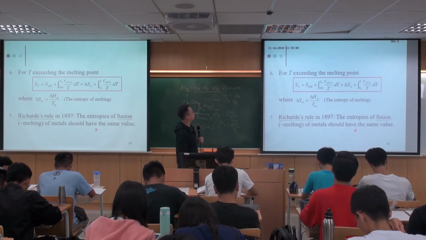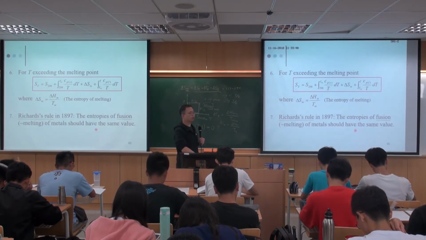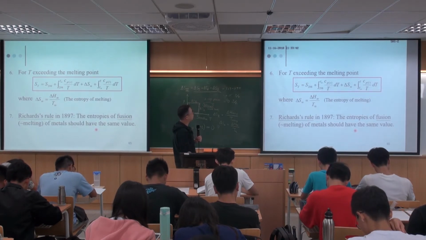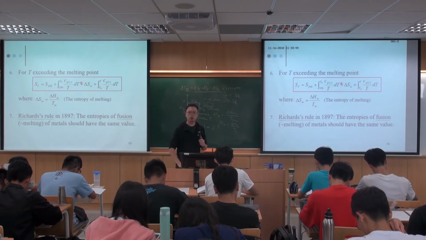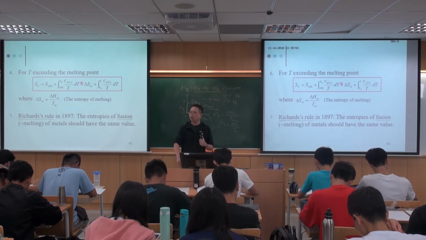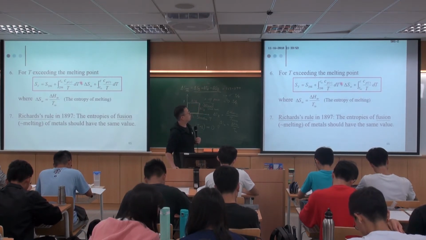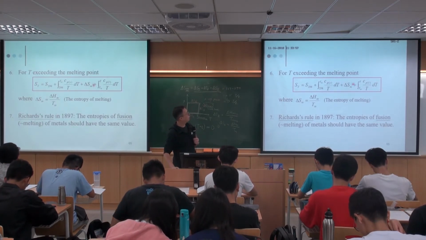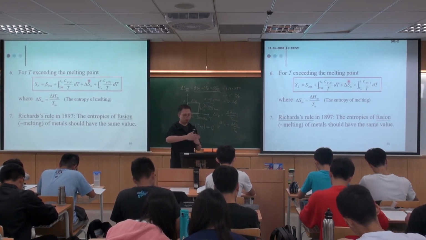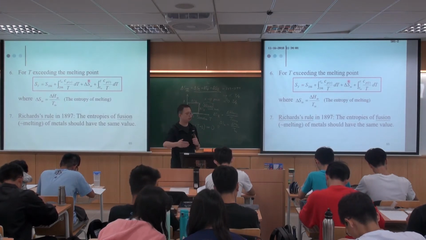However, if you're dealing with a temperature that is greater than the melting point, then you have to take the melting process into account. Similar to what we did for the calculation for enthalpy, if you're going through some certain phase transformation point, you have to separate your integration into different sections.